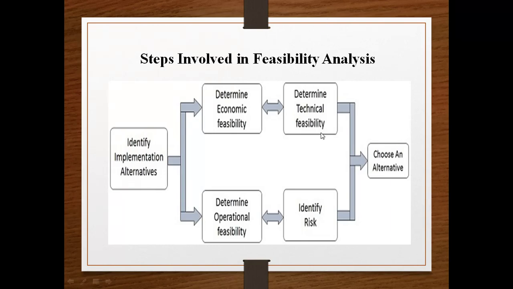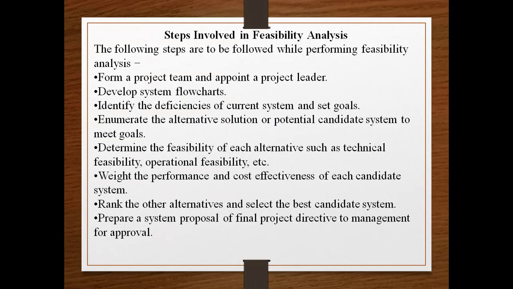Determine technical feasibility: are you able to support the system? Operational feasibility: do you have the resources to support the system? You are going to identify the risks: if at any time your system does not work, what is going to be your risk, and then you choose the alternative. So these are the steps involved in feasibility analysis.